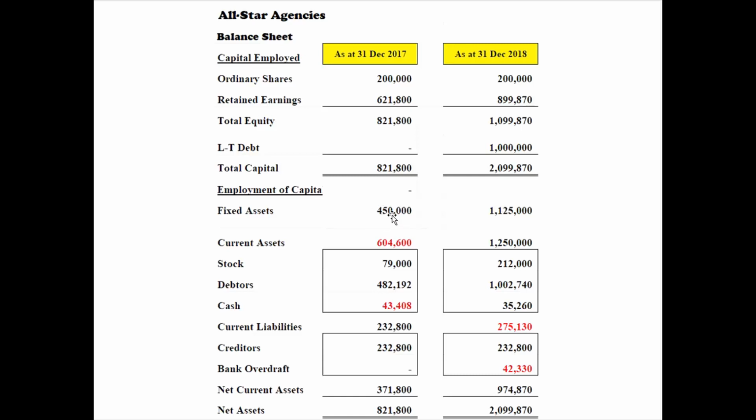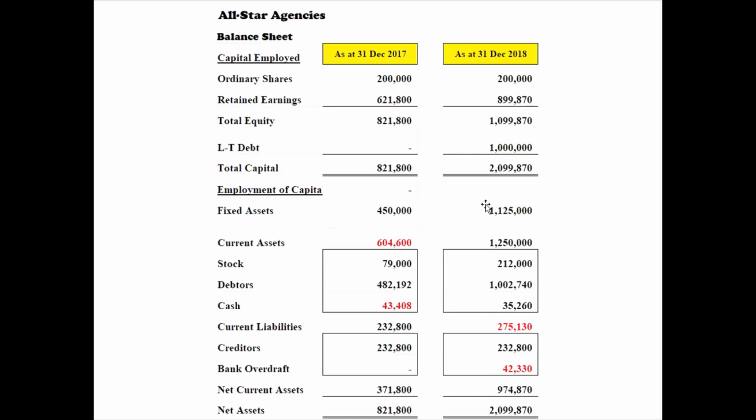So we have the 450,000 from last year. That's got to carry over and be depreciated. So the 450 will go down by 225,000, which is the depreciation for the fleet of vehicles. So that will get you a portion of the fixed assets, that will be 225.